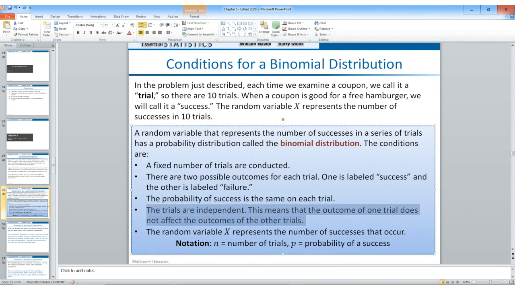And the trials are independent. What that essentially means is when you flip that coin and you get a head, then on the next time that you flip, the same probability exists of getting a head. It doesn't get reduced by taking one head out of the mix. And I'll show you again what I'm talking about. And then X represents the number of successes that you want.